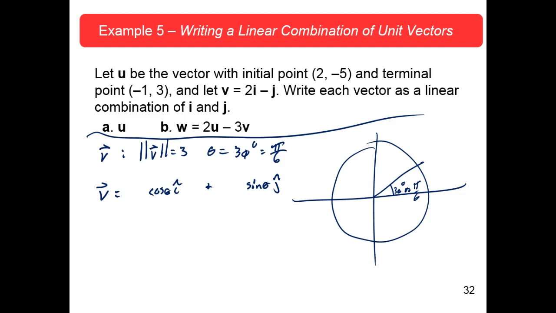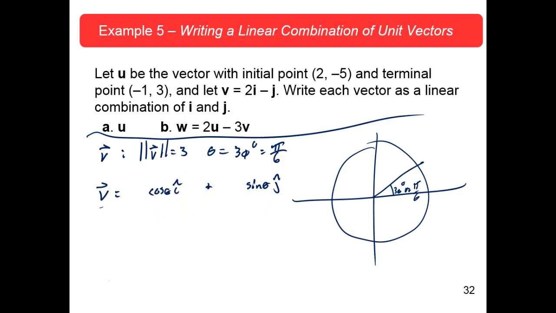So what would you do? Pretty simple. Let's set it up so this is going to be a true statement. It's not a true statement the way it is now, because this says the magnitude of v is 3, and I know the magnitude of that is 1.